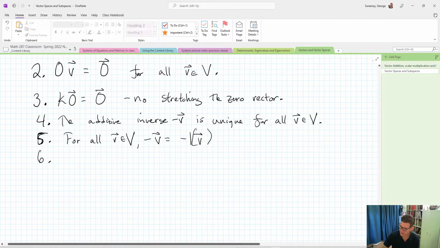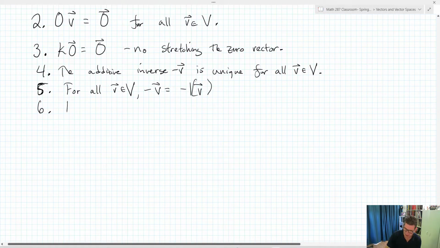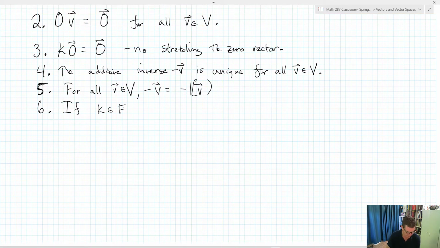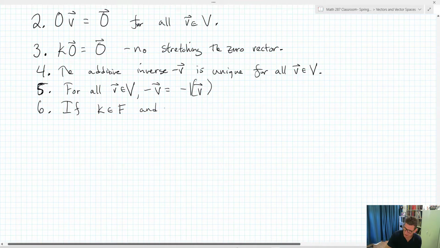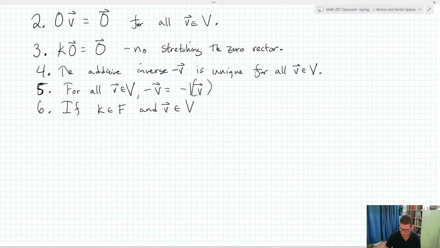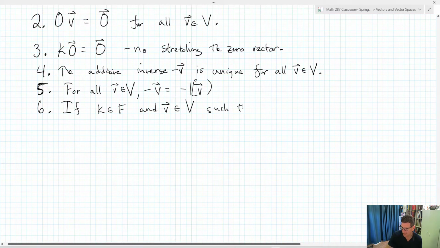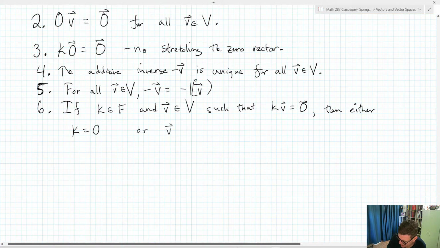And then number 6, if k is a scalar, so k belongs to our field F, and v belongs to the vector space V, such that kv equals 0, then one of these two has to be true. k has to equal 0, or v has to equal 0, the zero vector.